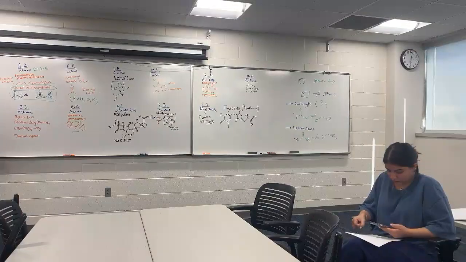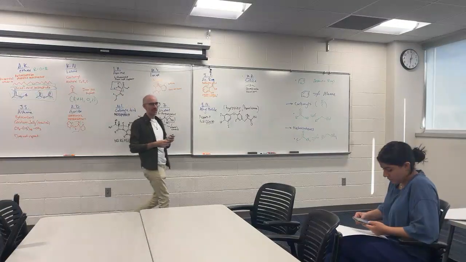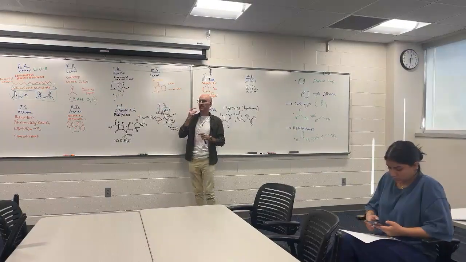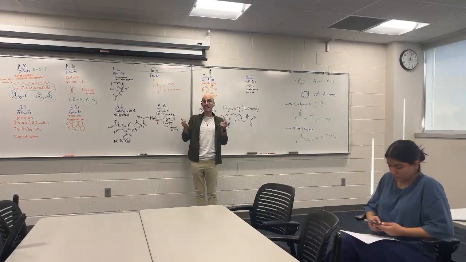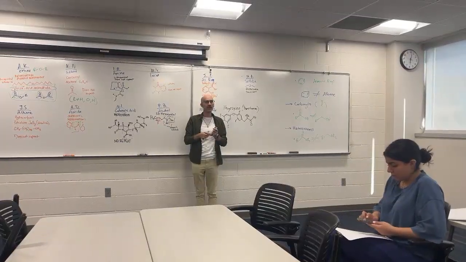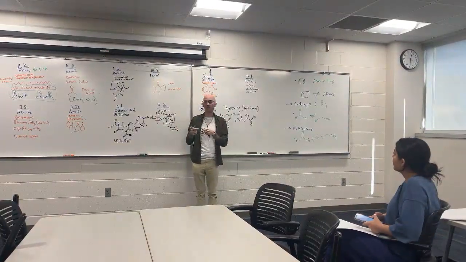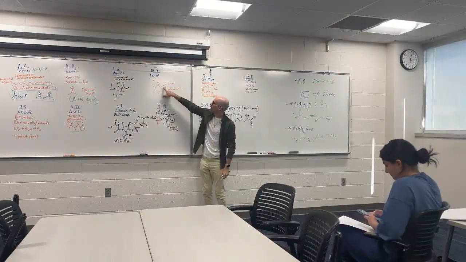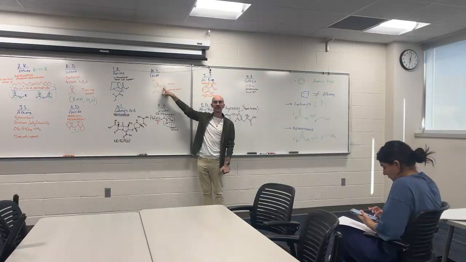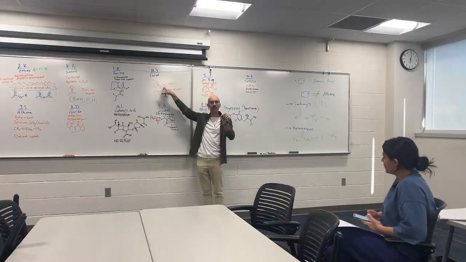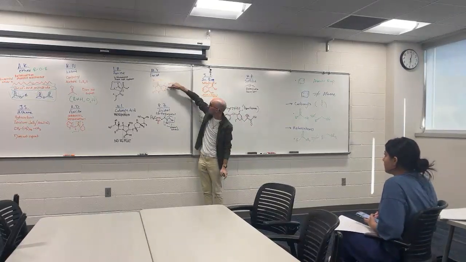Good. Now the imine is an interesting functional group. It's a carbon double bonded to a nitrogen, which gives it different chemical properties than a carbon single bonded to a nitrogen. Caffeine also has an enamine. That is an amine bonded to an alkene.